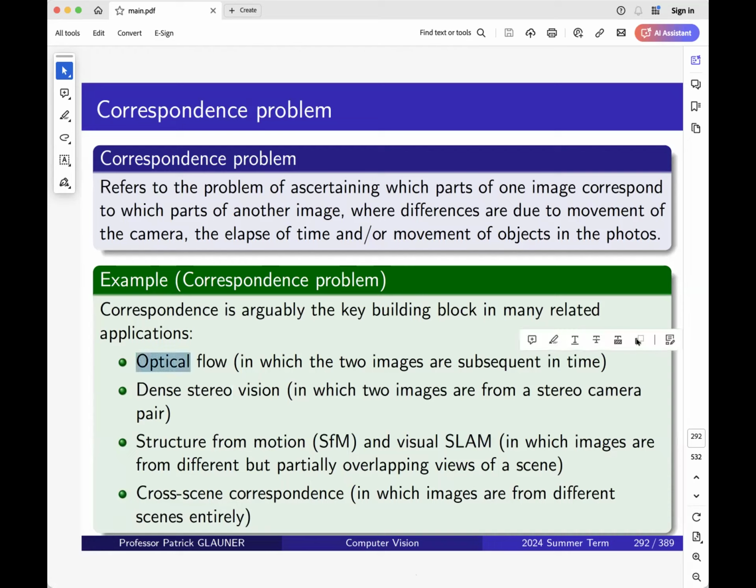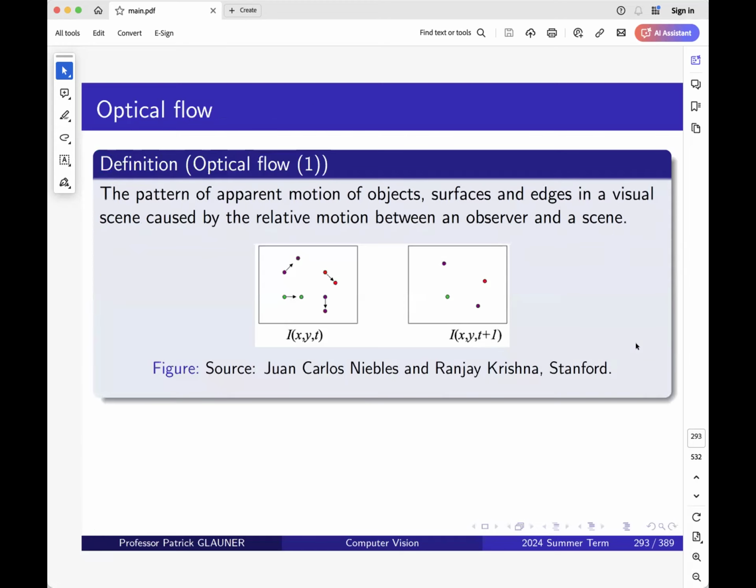SLAM is something we will see in the introduction to mobile robotics. SLAM is simultaneous localization and mapping, something that allows us to do localization in a map and mapping of an unknown map at the same time. So this correspondence problem appears often in computer vision. And we'll now focus on optical flow, which describes the flow of time in two images.